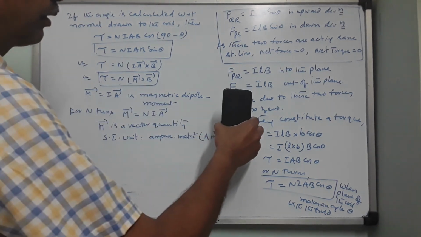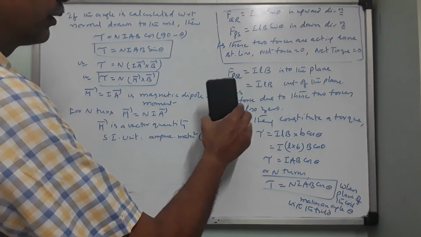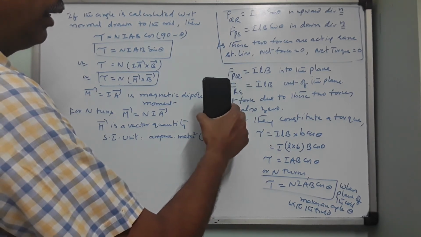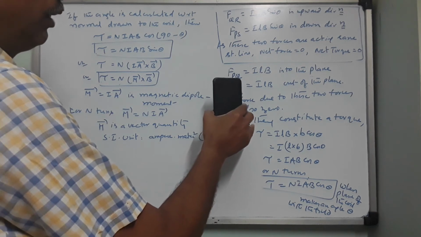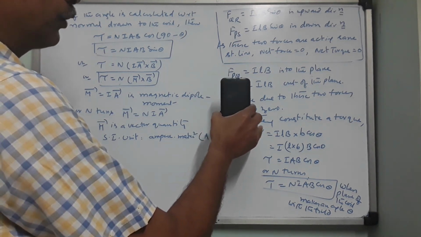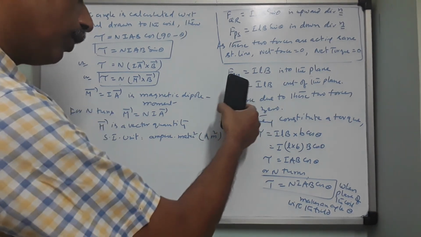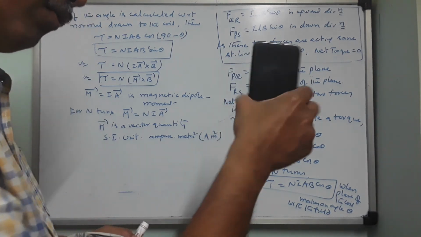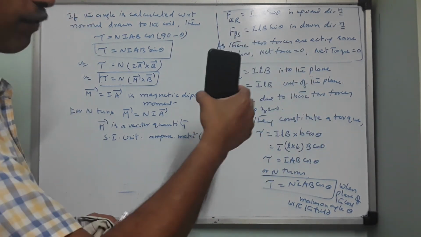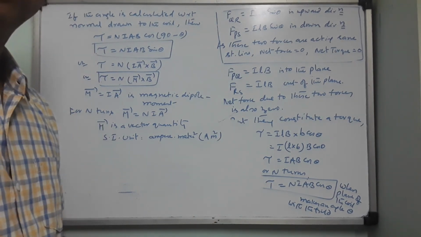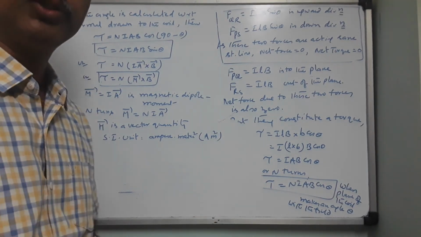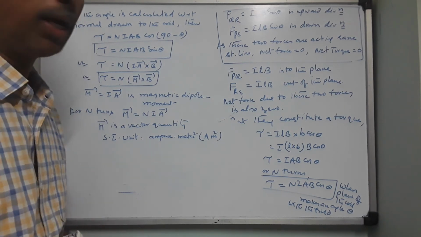Because of the torque, the coil will turn like this. Without any translational motion, it will undergo only rotational motion. If force is not zero, not only is it rotating like this, it can also move into the plane of the board or away from the plane of the board. That means the coil will undergo both translational motion and rotational motion when the field is non-uniform.